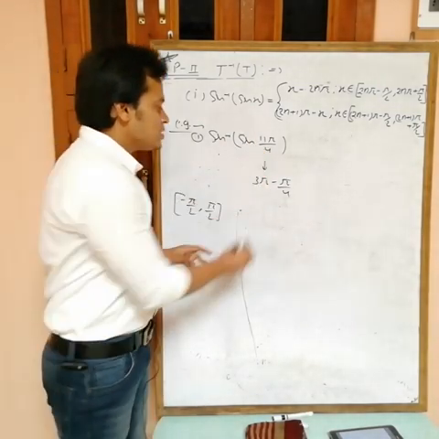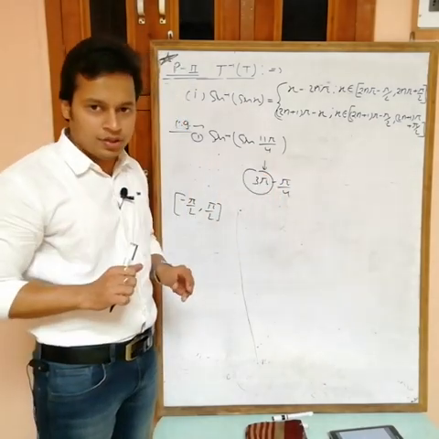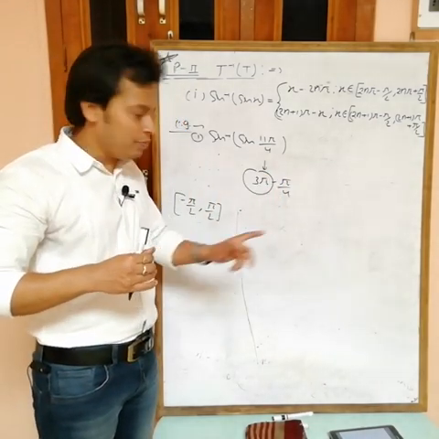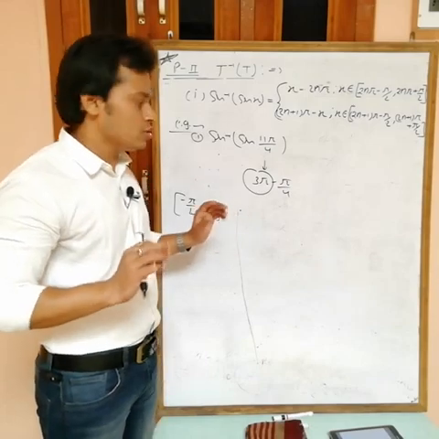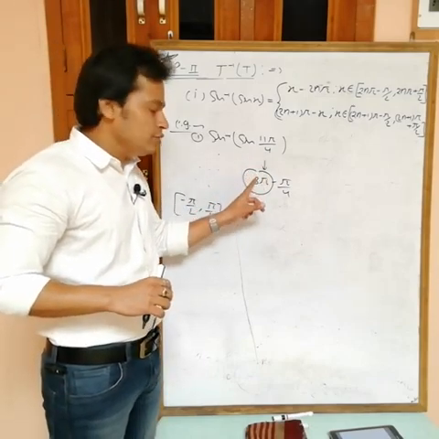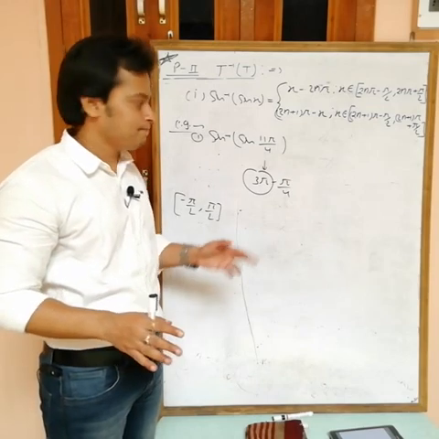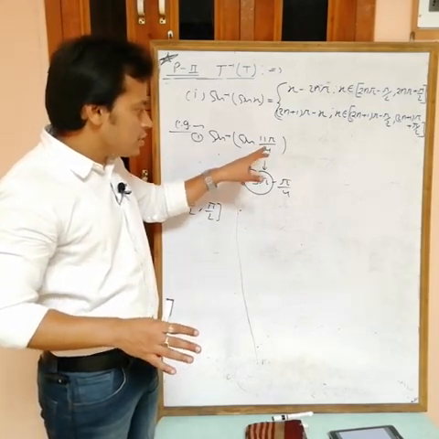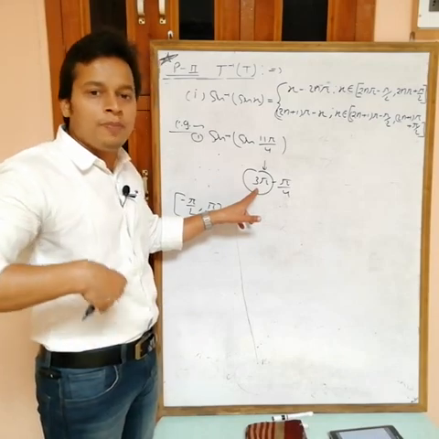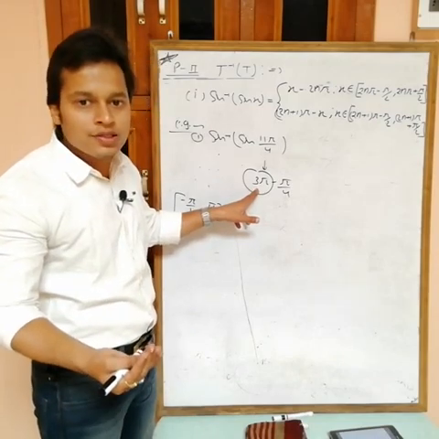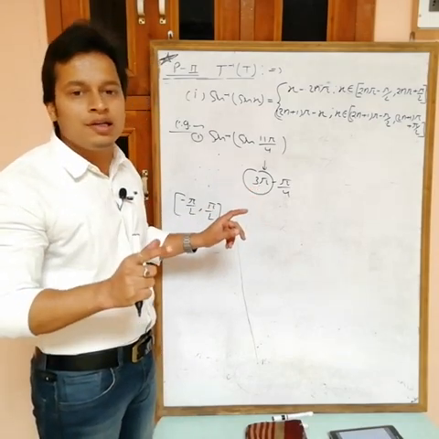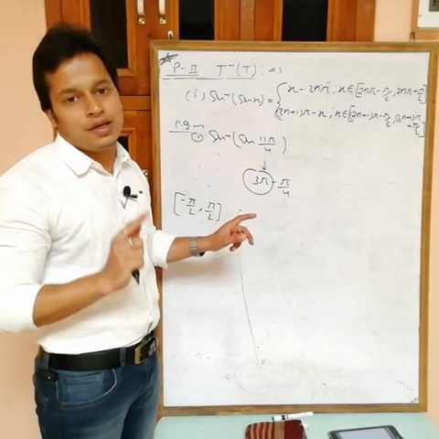It means this x is near to 3 pi, within pi by 2 before or after. This is before by pi by 4. So this is near to 3 pi, and 3 pi is odd. So the answer is that odd multiple of pi minus x.